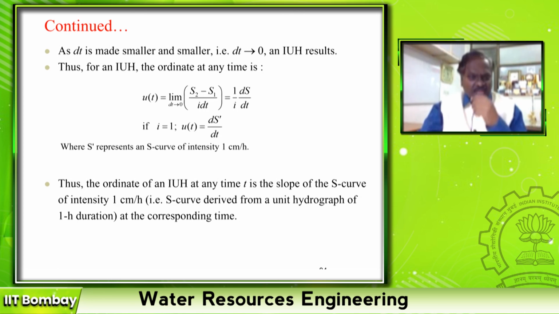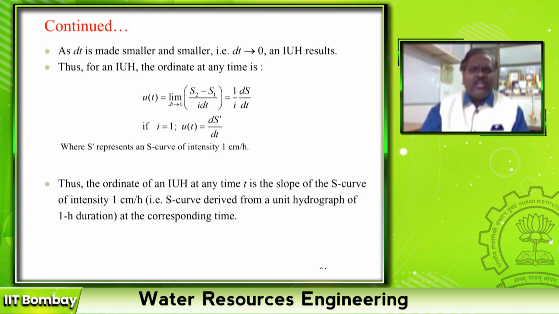The other methods, this is a continuation of graphical methods. As dt is made smaller and smaller, dt tends to 0 and IUH results. That means mathematically the instantaneous unit hydrograph ordinates are S2 minus S1 by I into dt. S2 minus S1 will become, there is no difference.